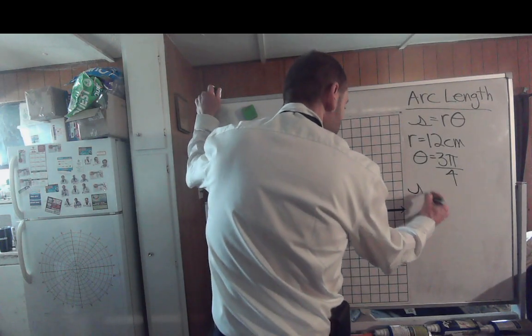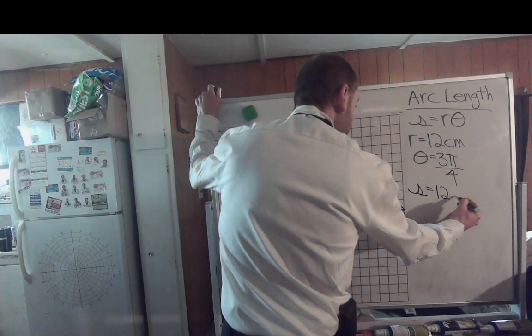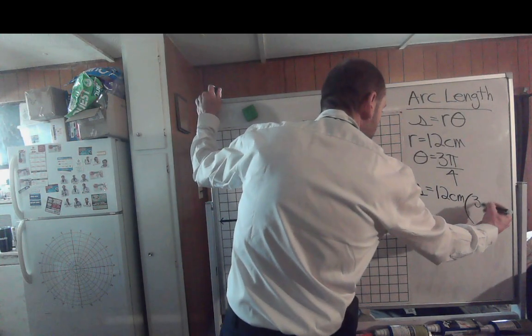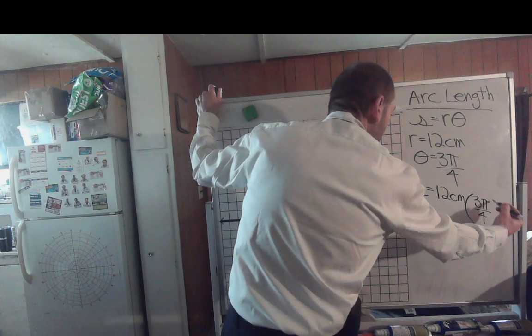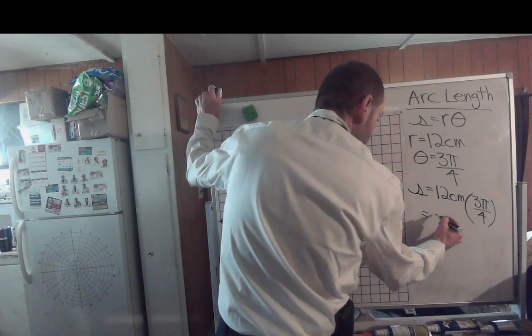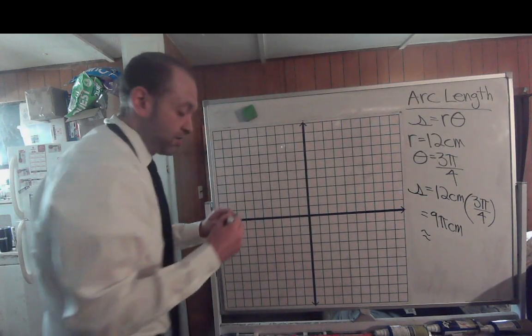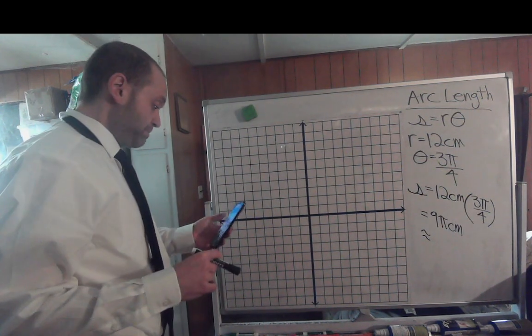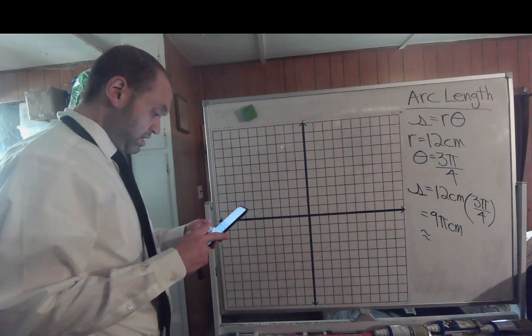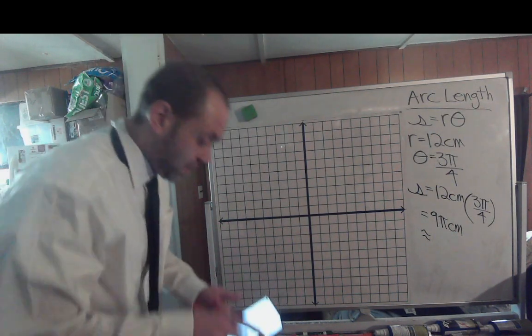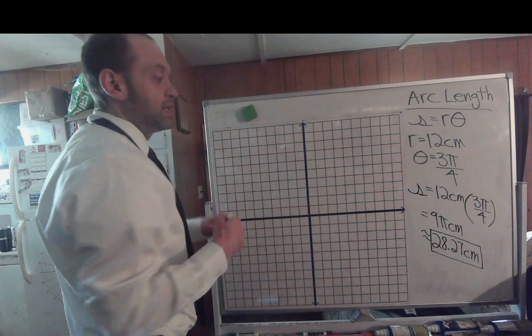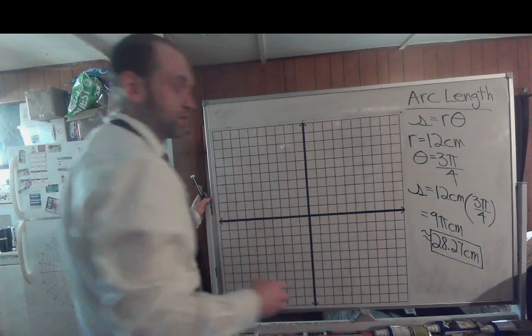So your arc length is going to equal that 12 centimeters times that 3 pi over 4, which would actually end up giving you 9 pi centimeters. That's about 28.27, centimeters, excuse me. So you would get an arc length of approximately 28.27 centimeters.